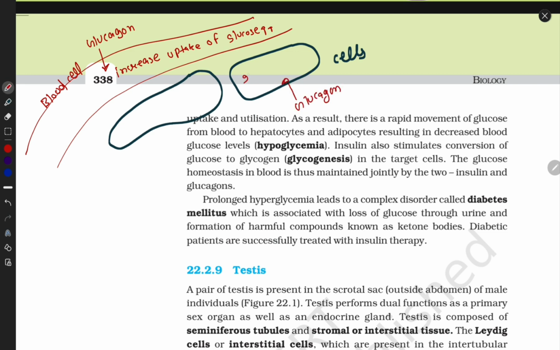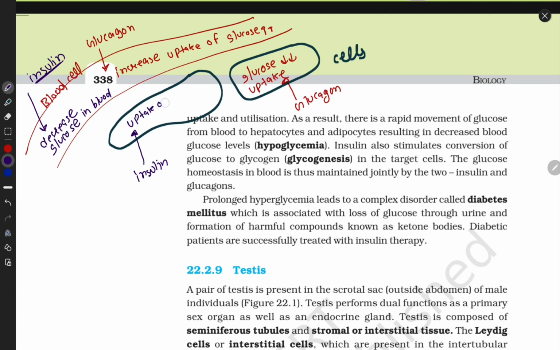Glucagon decreases glucose uptake. And now the next hormone is insulin. When insulin comes, insulin decreases glucose in blood, and when insulin hormone comes, it increases uptake of glucose, high in cells. Simple. They both are contradictory.